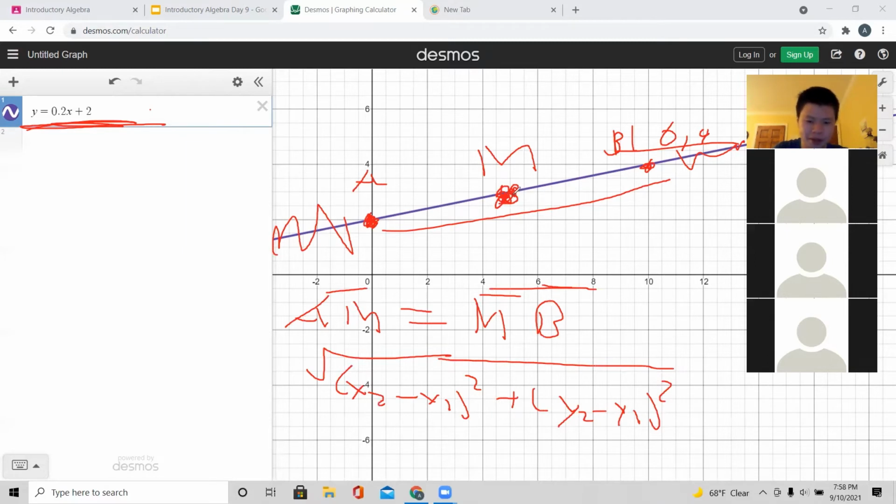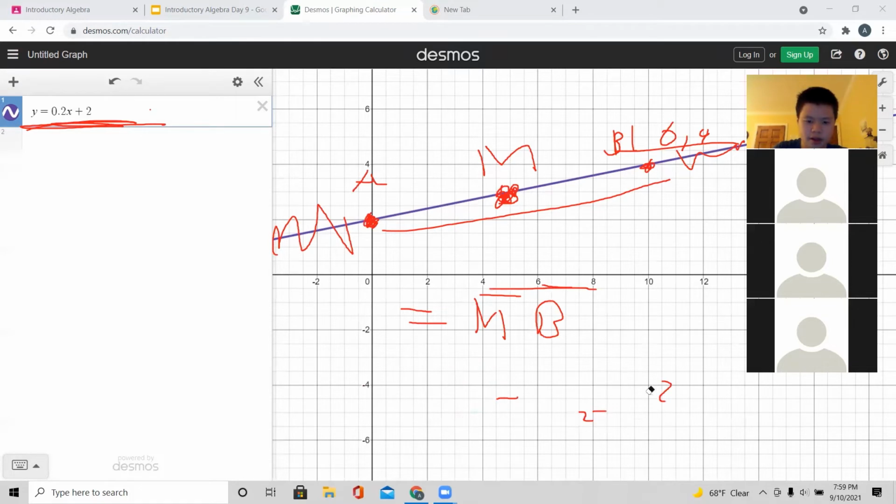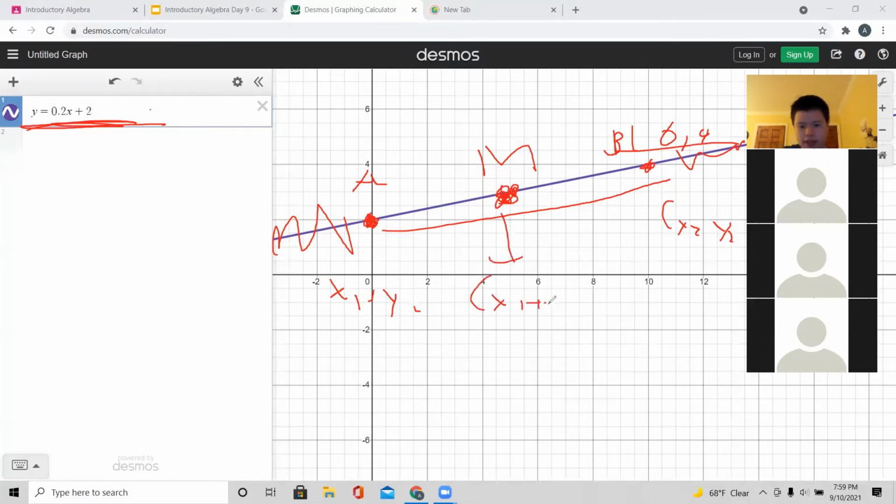But a really simple method of finding the midpoint is that, let's say, A is (x1, y1) and B is (x2, y2). The midpoint would be ((x1 plus x2) over 2, (y1 plus y2) over 2).